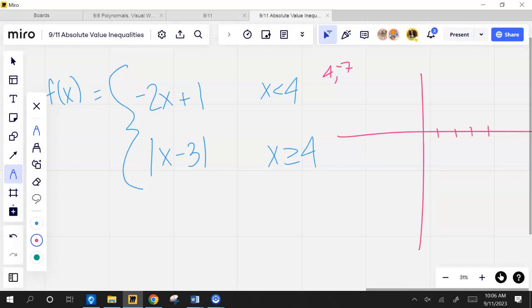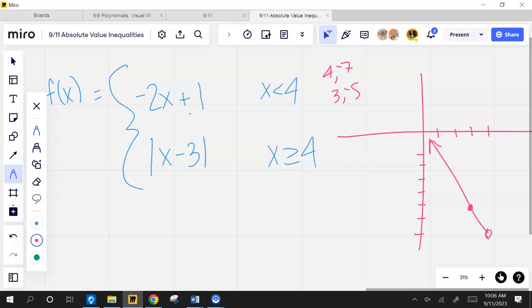This one doesn't have a vertex because it's just linear. So I'm going to do an open dot. You said we could use 3, and it gives you -5.